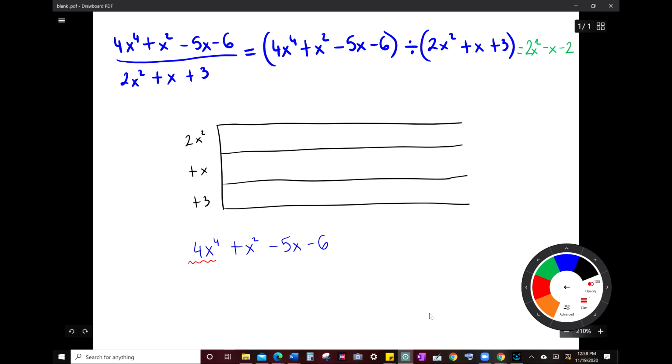I need to figure out what term I should put on top to multiply to get back to 4x to the 4. So then I would think of 2x squared, because when I multiply 2x squared with 2x squared, it will give me 4x to the 4 power right here.